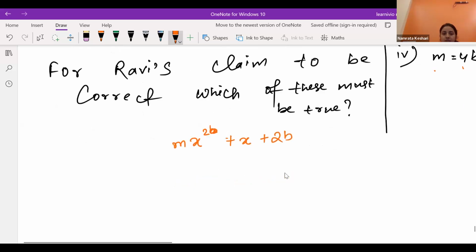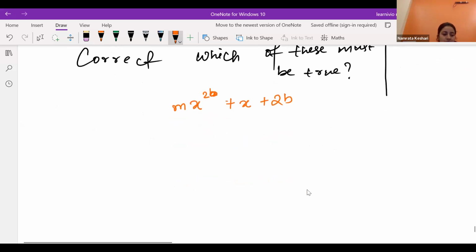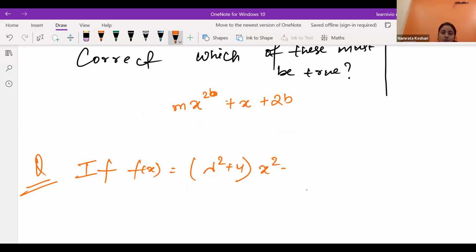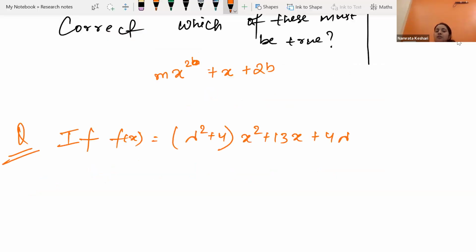If the question is like this, if f(x) is equal to x square plus 13x plus 4, this is a sign which maybe you have seen earlier or maybe you have not seen. This is just like alpha beta.